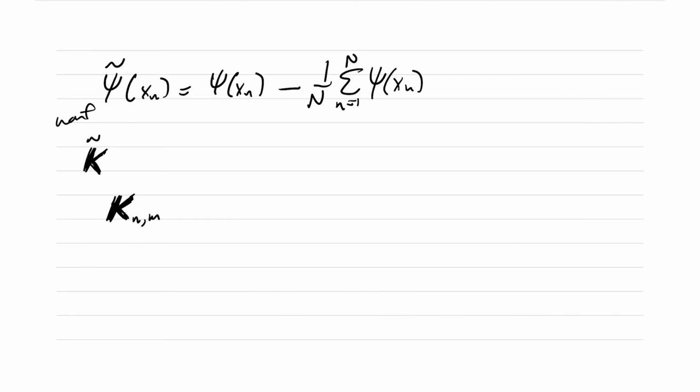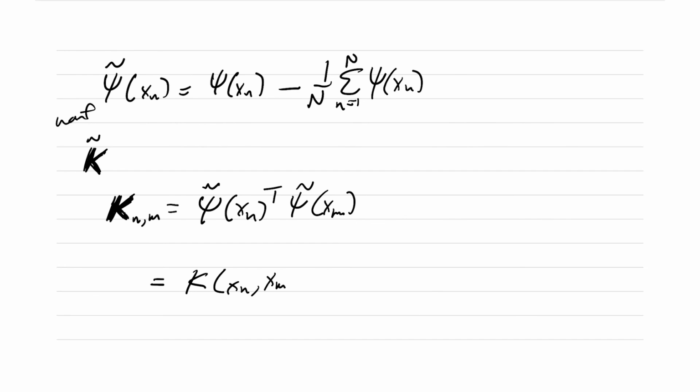So we get K tilde n m is going to be psi tilde of xn transpose with psi tilde of xm, and then just expand everything, and you end up getting a kernel function at xn xm minus the average 1 over N, i going from 1 up to capital N, of k xi xm, and then by symmetry you end up getting this.